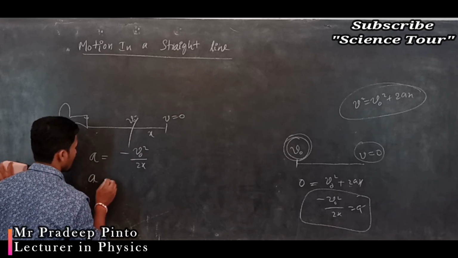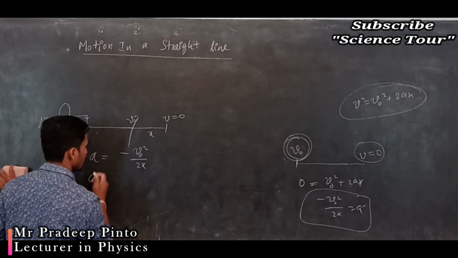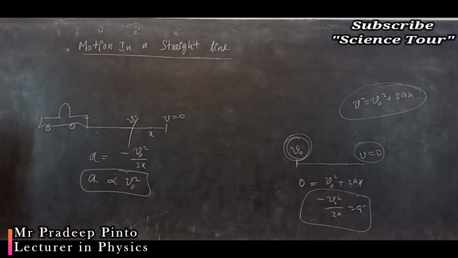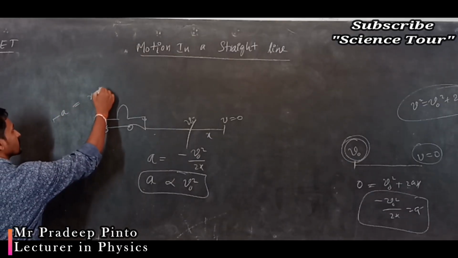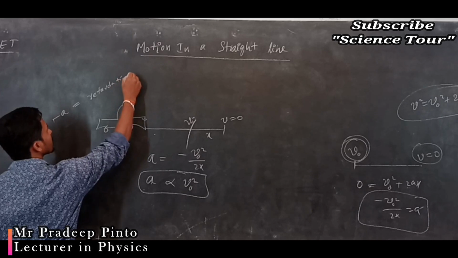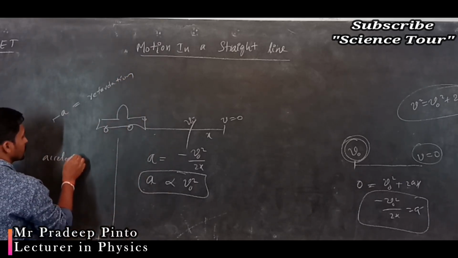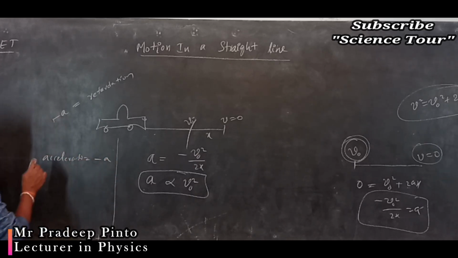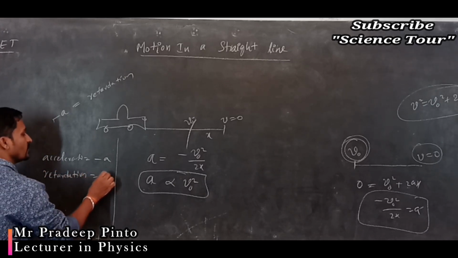Now the acceleration or retardation, so negative acceleration, is directly proportional to v naught square. Negative acceleration means this is retardation. So in most problems, if they give acceleration is equal to minus a, the meaning itself is retardation. And if they write retardation, you have to write just a.